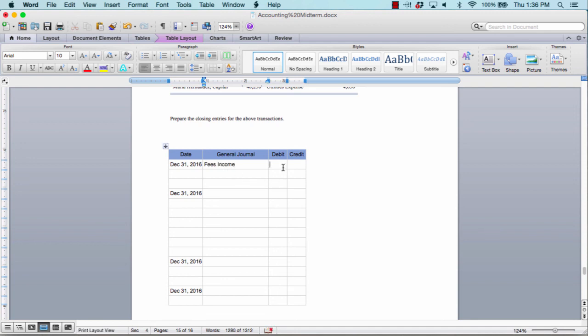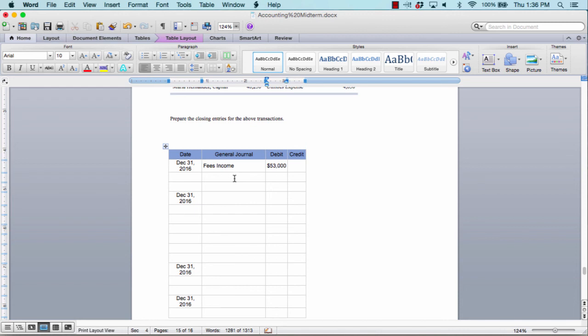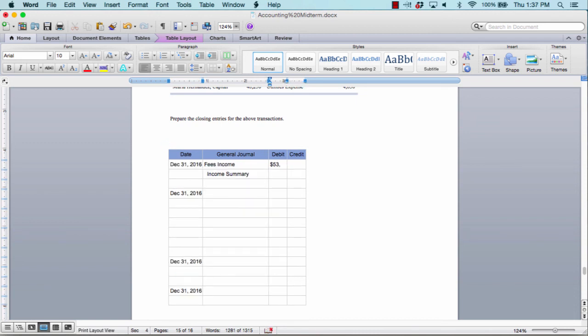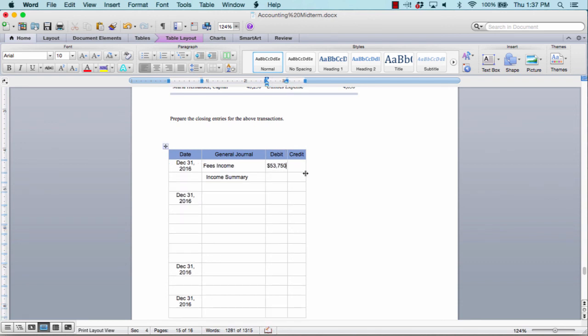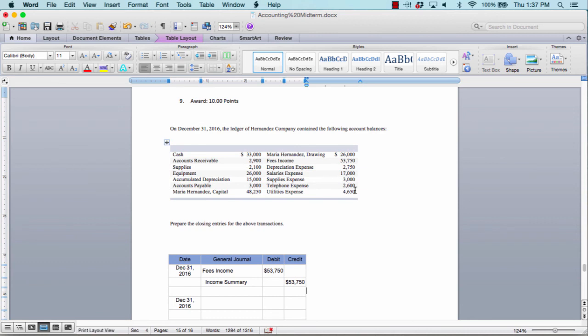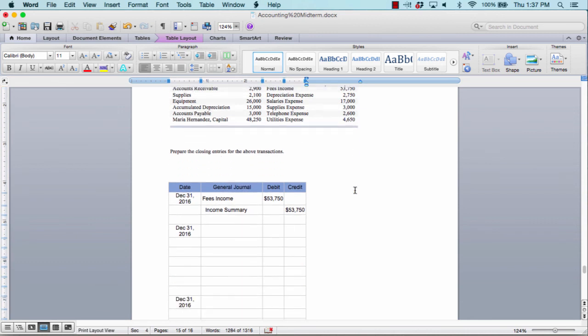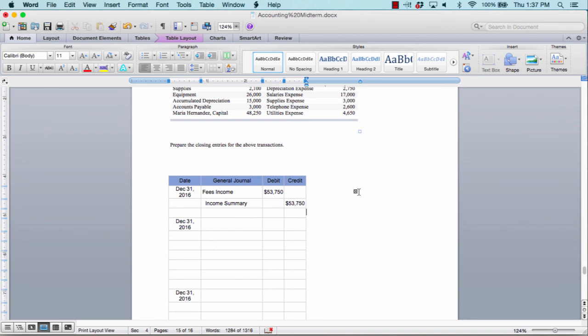The first one will be a debit to fees income for $53,000, and a credit to income summary for $53,750. And for the rest, I'm not going to explain how to do it because it's very self-explanatory in my PowerPoint. It tells you what you need to do for these 4 steps. Okay? But I gave you the first one.